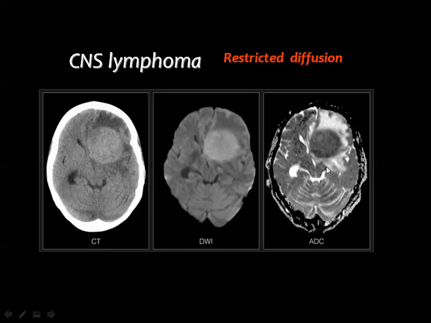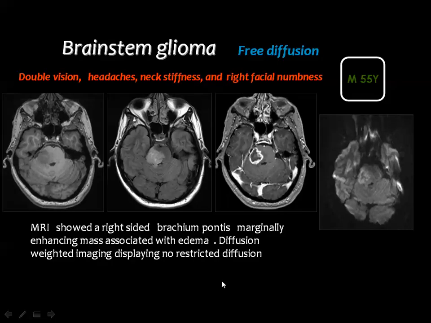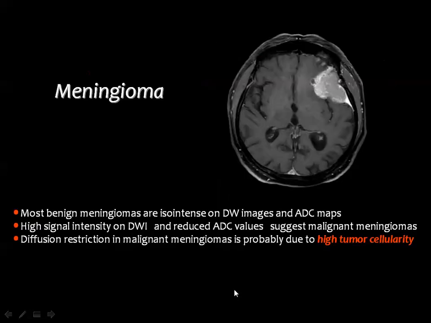In the ADC, the lesion is black, meaning that it has restricted diffusion. A case of brainstem glioma, low signal in the T1, high signal in the flare, marginal enhancement of non-uniform thickness in T1 post contrast, and almost free diffusion in the DWI.